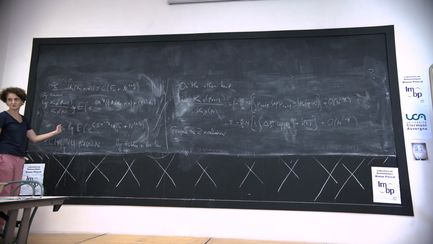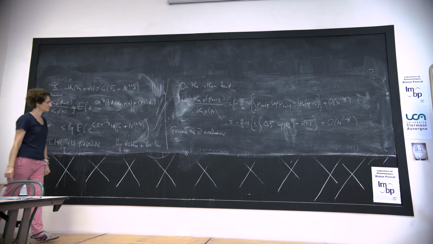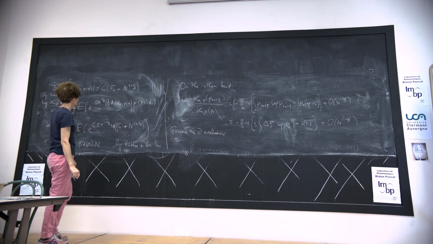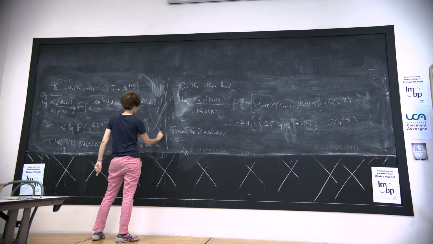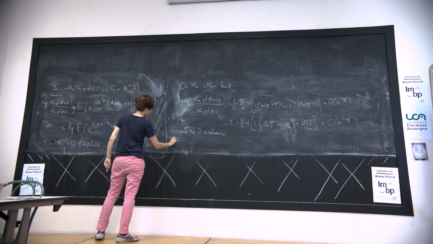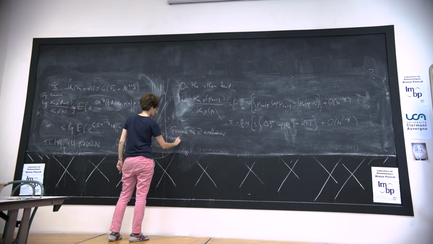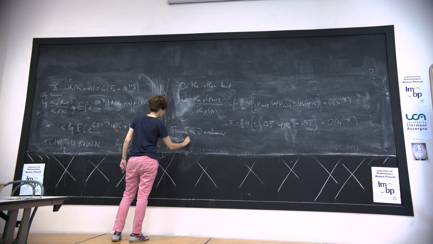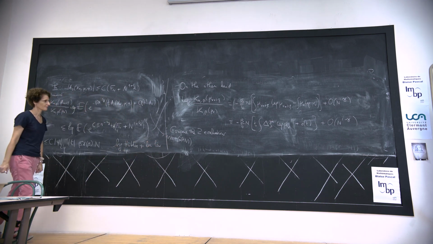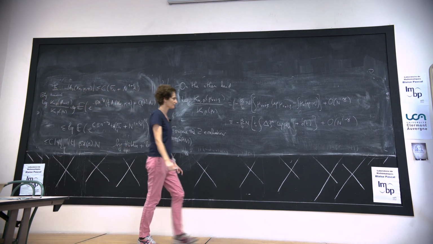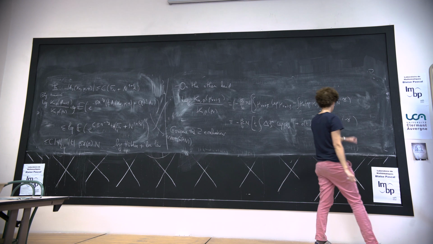But they have to agree. So what are the errors that are made here? Here we have errors little o of tn, to be even pessimistic. And here you have errors o of n to the 1 minus gamma.